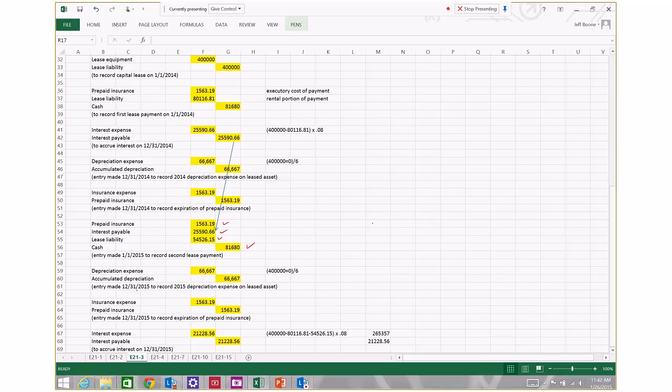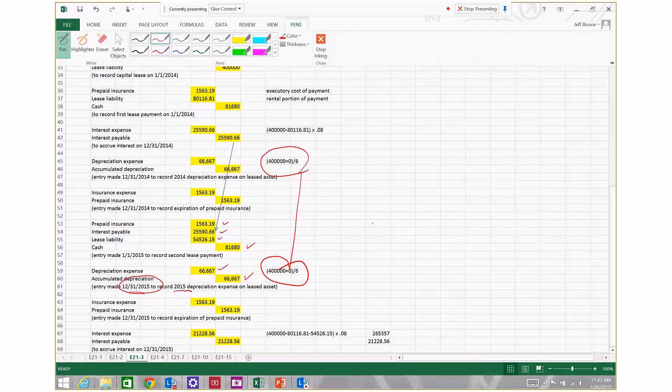Okay, at December 31st, 2015, now here we are at December 31st, 2015. We need to prepare an adjusting journal entry to record 2015 depreciation expense. We're going to do exactly the same thing that we did last year. Come up with exactly the same amount. Debit depreciation expense 66,667. Credit accumulated depreciation 66,667.